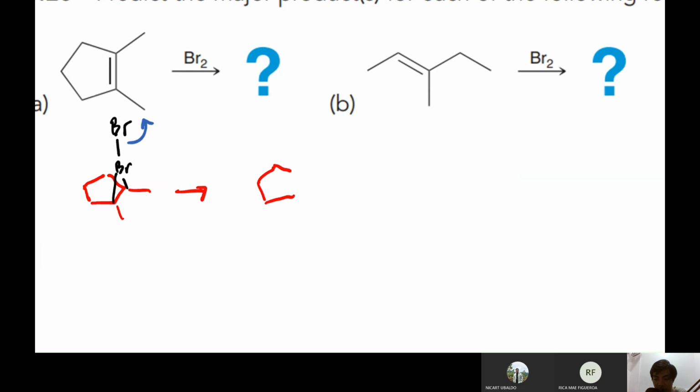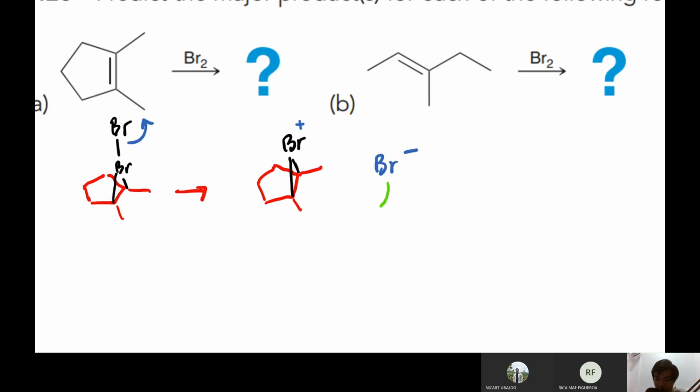Although hindi nyo naman kailangan ipakita yung mismong steps, no? Pinapakita ko lang yung process dito. So you have your bromonium ion. Then ano mangyayari? Yung iyong Br minus, since hindi niya ma-access yung taas, sa baba na lang siya pwede lumusot, no?